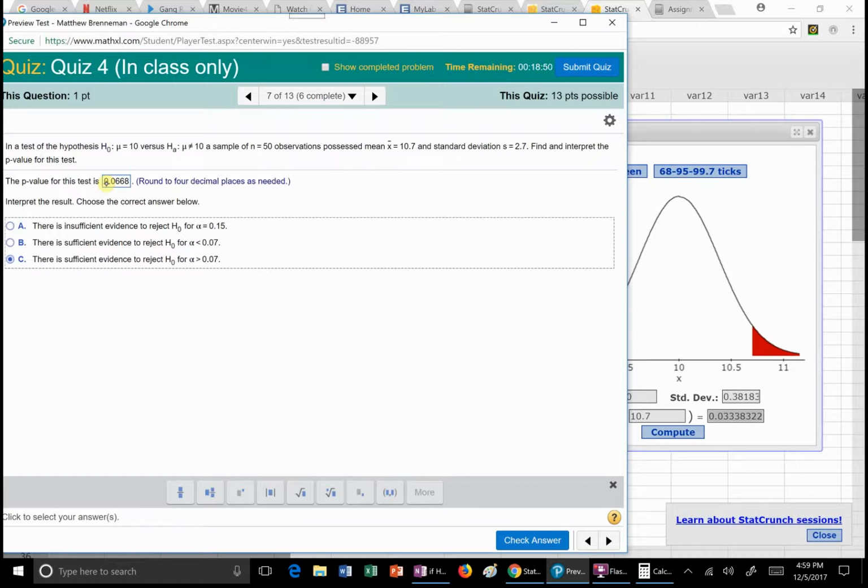Okay, if alpha was larger than 0.07, p would be less than alpha, and we would reject, all right? This isn't correct because in this case, p would be less than alpha. There'd be sufficient evidence to reject. Here also this isn't correct. If alpha was less than 0.07, okay, then we wouldn't reject. P would be greater than alpha. Okay, there wouldn't be sufficient evidence to reject.